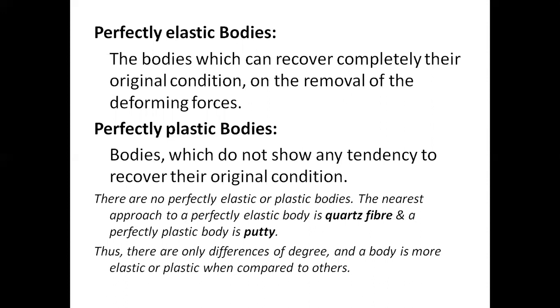There are no perfectly elastic or plastic bodies, but the nearest approach to a perfectly elastic body is quartz fiber and to a perfectly plastic body is putty. Thus, they differ only in the degrees of their elastic property, and a body is more elastic or plastic when compared to the others.